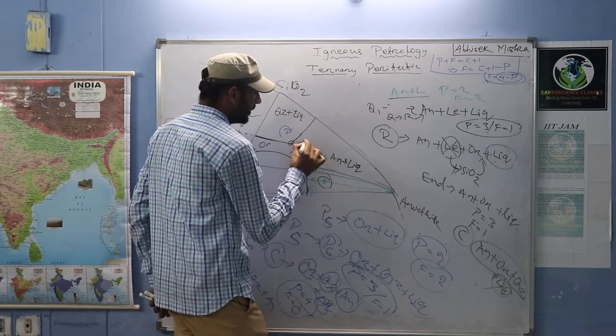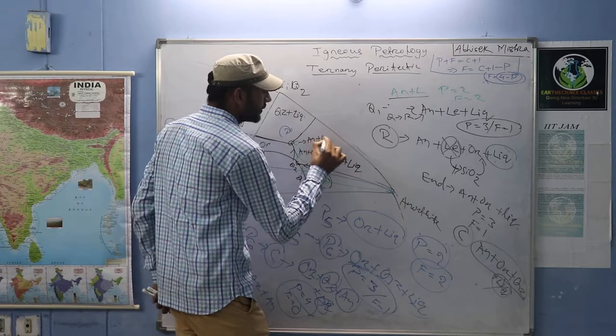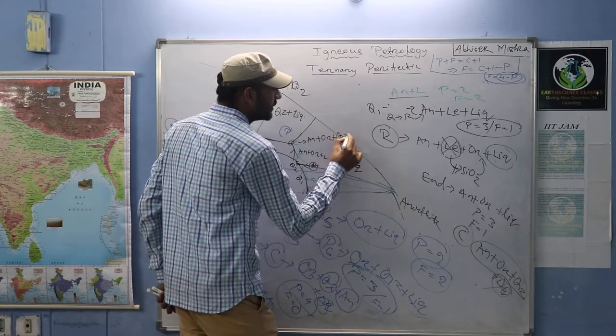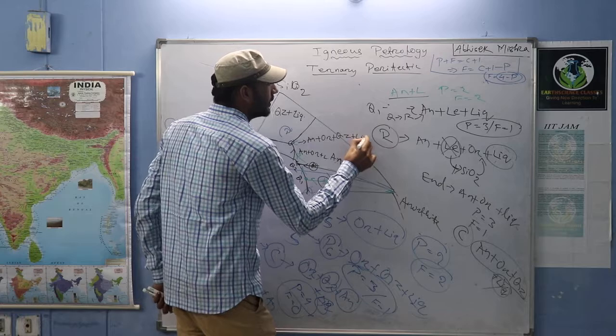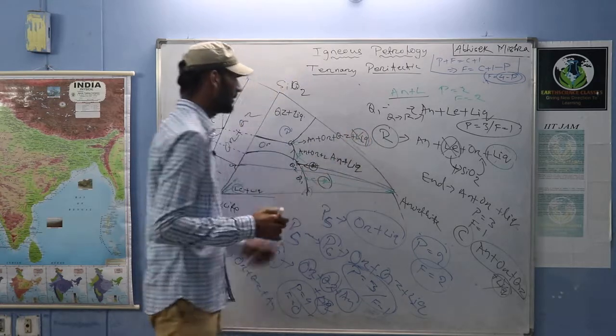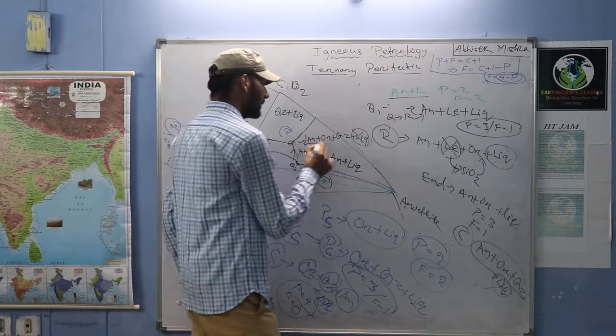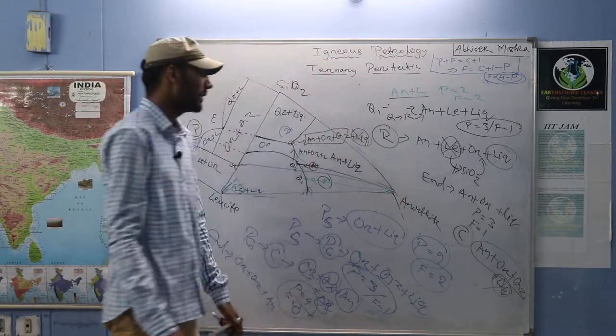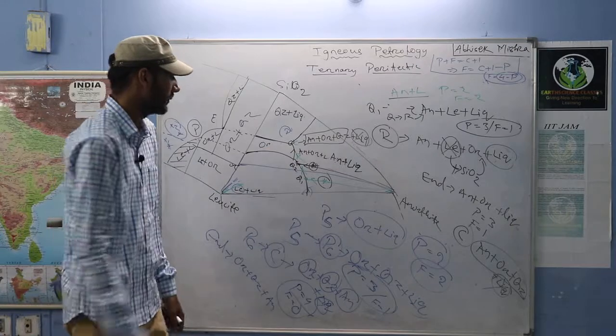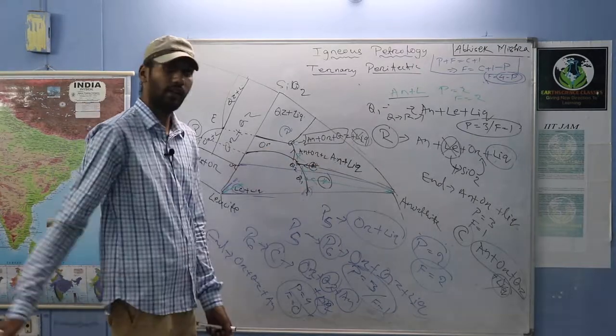At point C you are finding anorthite plus orthoclase plus quartz plus liquid. Then liquid will be finished. We are going to find anorthite plus orthoclase plus quartz as end member. This is the end point of crystallization at point C if we are taking a composition here.